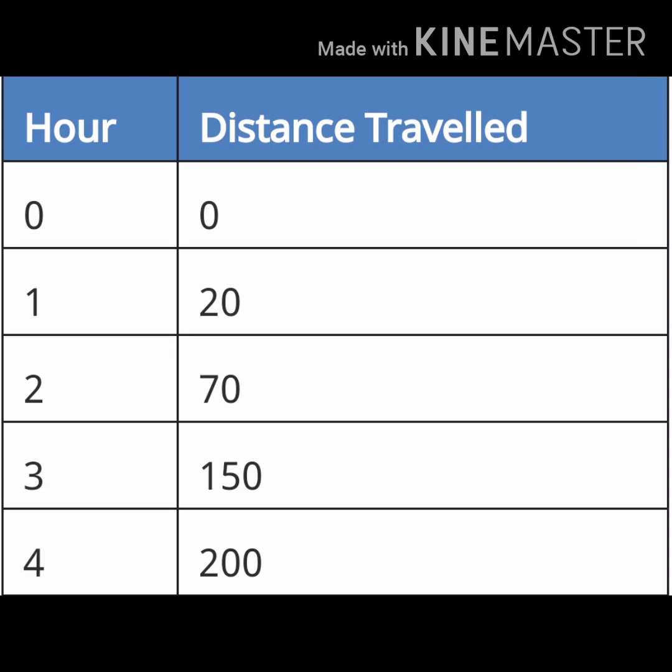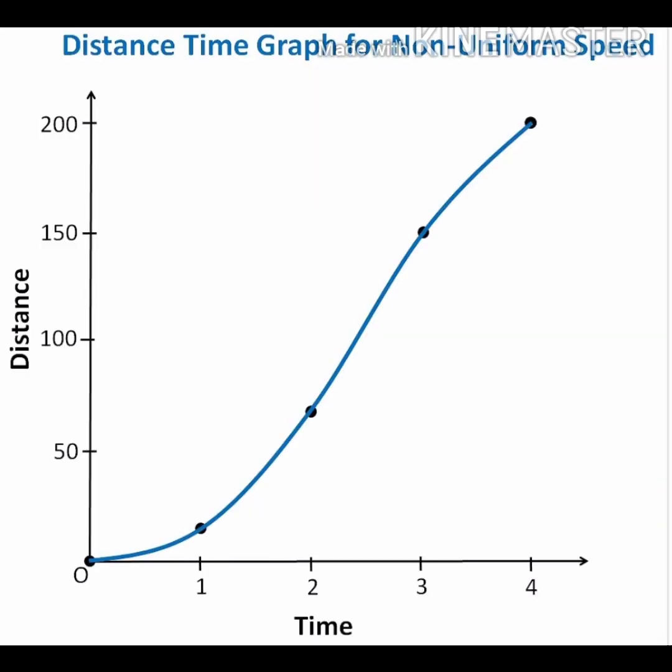The points will go here and there, and if you try to join all these points, you will get not a straight line but a curved line, as indicated below. So here the distance time graph is not straight, it is curved. That indicates that this is an example of non-uniform motion, where the distance time graph shows a curved line. It is not a straight line, it is a curved line.